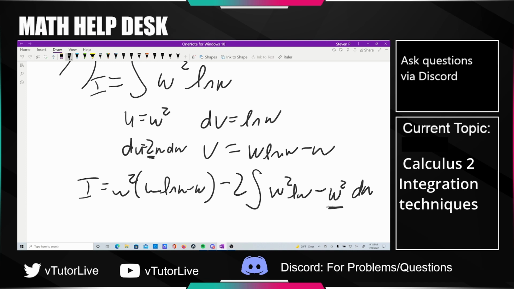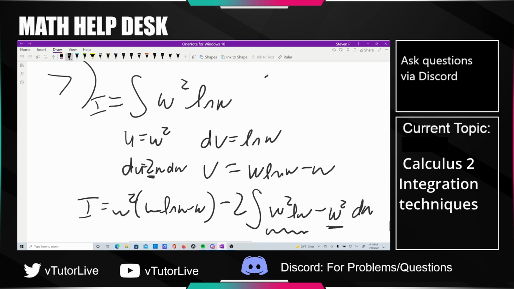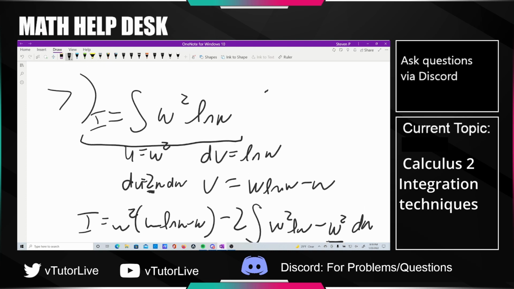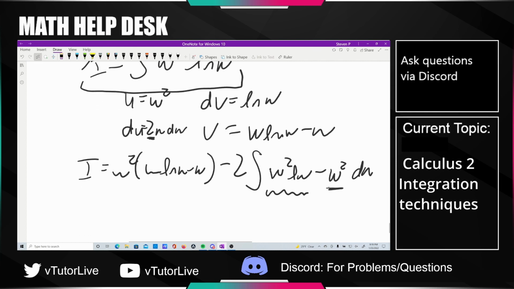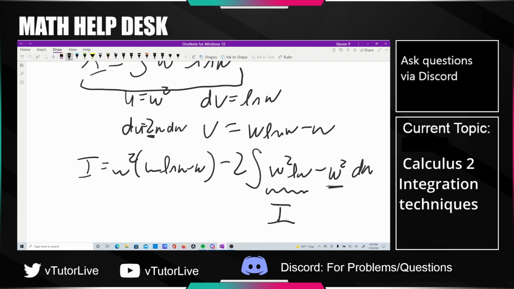You can separate this into 2 smaller integrals. But the integral of w squared ln of w seems really, really nasty for just a second, until you realize that's exactly what we were looking for in the first place. So you can use the exact same trick, the Phoenix integral trick, to just call this thing I, move it to the other side, and solve for the rest.